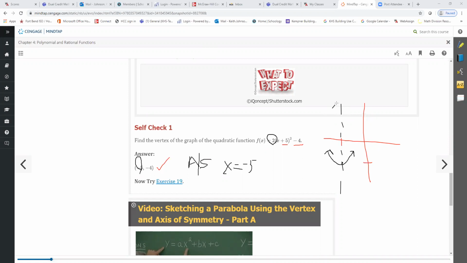There's your axis of symmetry. There's my symmetry at x is equal to -5. Okay, so those are all things, again, we want to be able to handle.